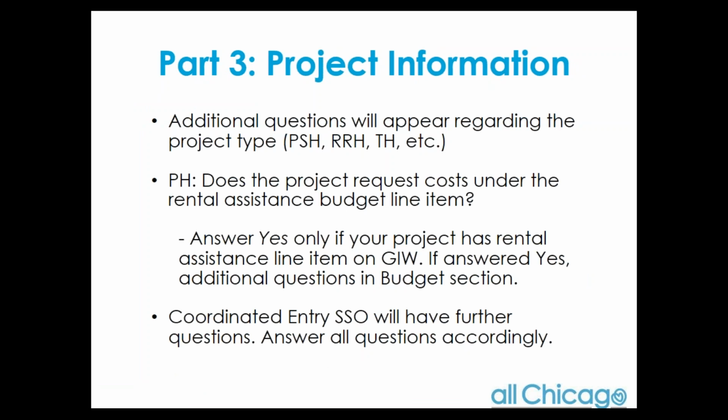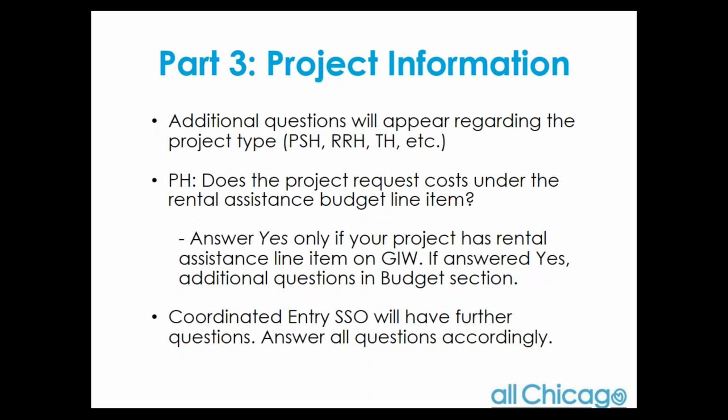Great. So we are mindful that we have 10 minutes to go, and we still have quite a bit to go, so I will rush a little bit. Additional questions will appear regarding your different project types: permanent supportive housing, rapid rehousing, transitional housing, SSOs. You will have additional questions that show up specifically for your type. For my permanent housing projects, you will be asked whether you receive rental assistance as a budget line item.